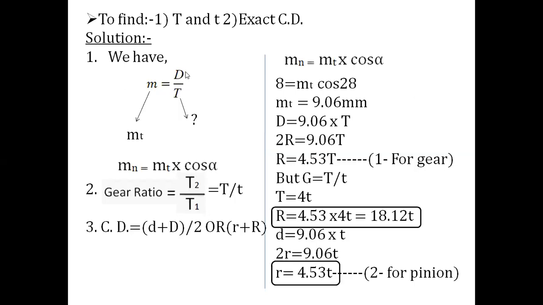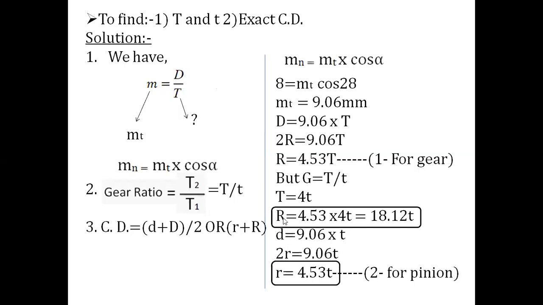We are using small d and small t for the pinion. So small d is equal to module into small t, 9.06 into small t. So 2r, we are finding the pitch circle radius, half of 9.06. So r is equal to 4.53 into small t. That is equation number 2 for the pinion.